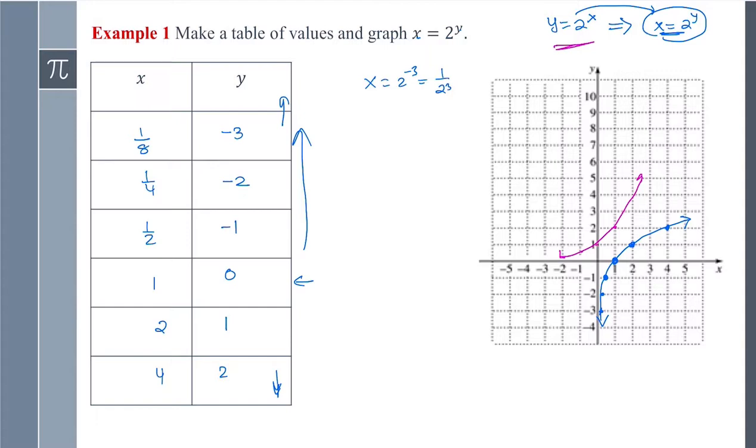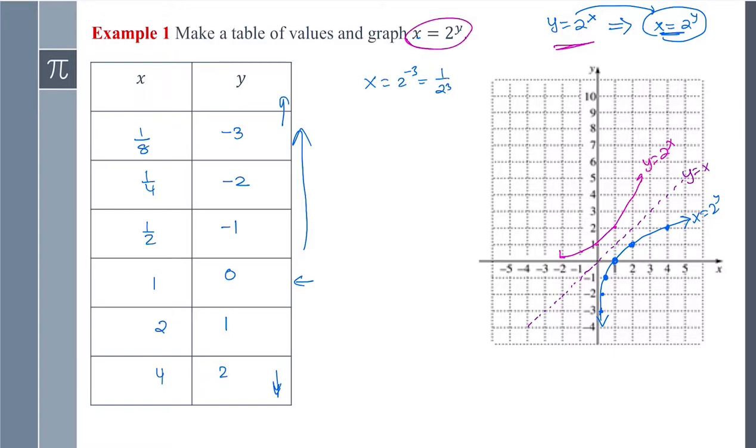Now, we know that the graph of a function or any relation and its inverse should be reflections over the line y equals x. So the blue one is x equals 2 to the y. The pink one that I have here is y equals 2 to the x. So this blue line is the inverse of the pink line, or this is the inverse function of that one.